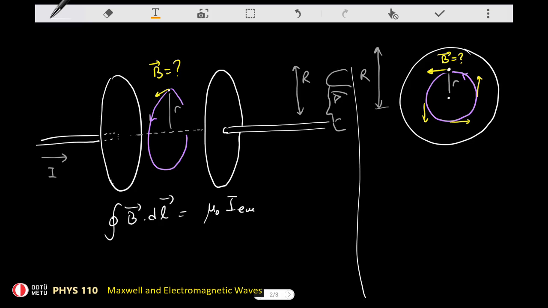So by using this, let me first write down the equation for Ampere's law and Maxwell's addition to that. So that's mu 0 epsilon 0 d phi E over dt. That's the electric flux, so let me write E in there. In this case, of course, there is no enclosed current, and everything is coming from this electric flux, the rate of change of the electric flux, and we would like to find it.